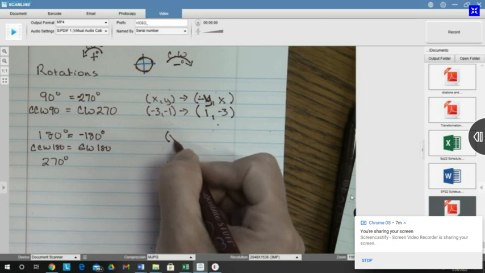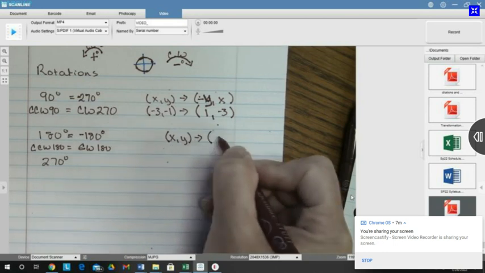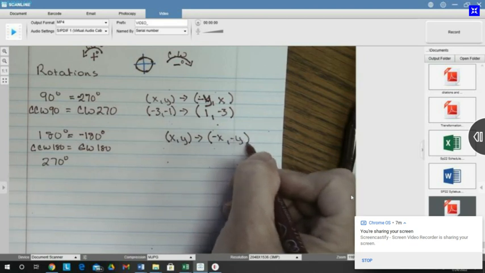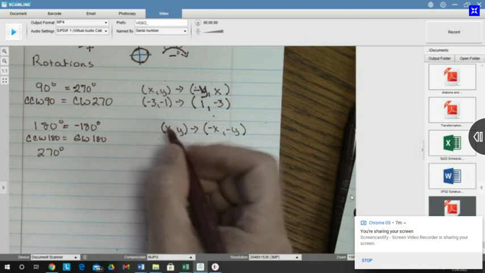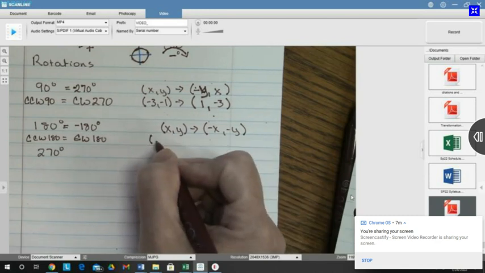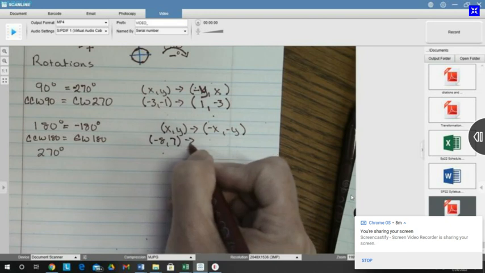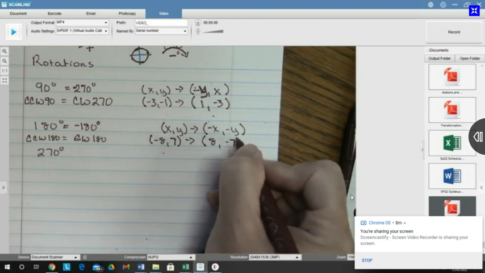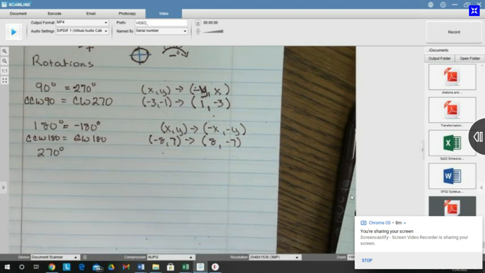This goes x, y goes to opposite of x, opposite of y. Just change their signs. Okay, so if I have -8, +7, I'm going to change their signs: +8, -7. Remember, you got to go 2 quadrants for a 180, right?